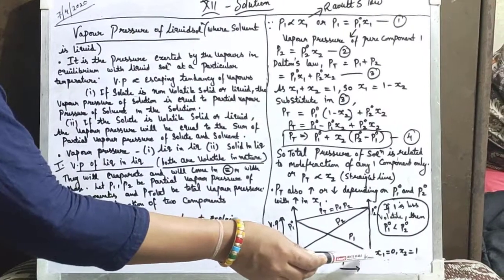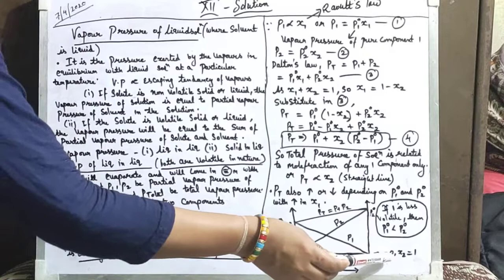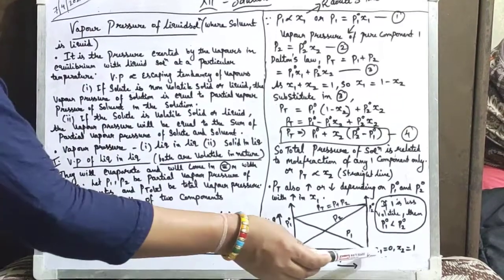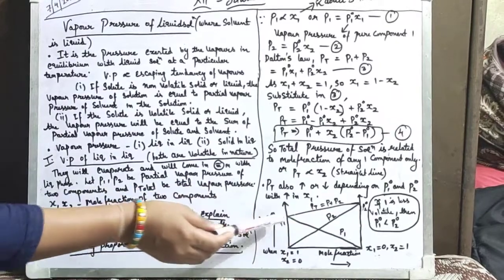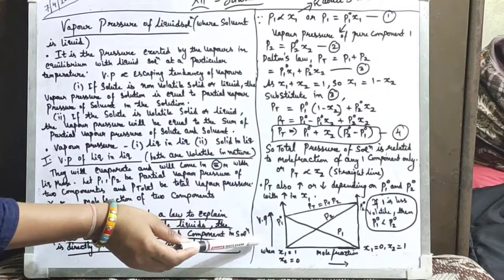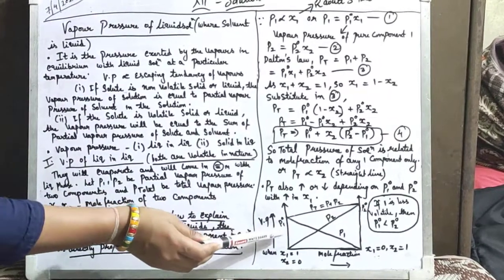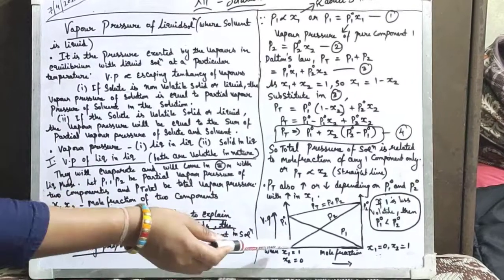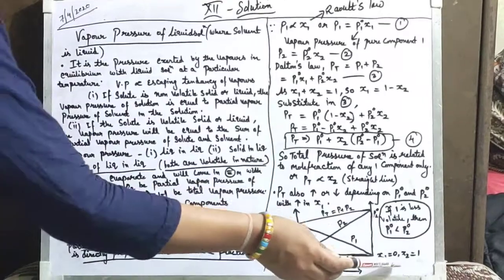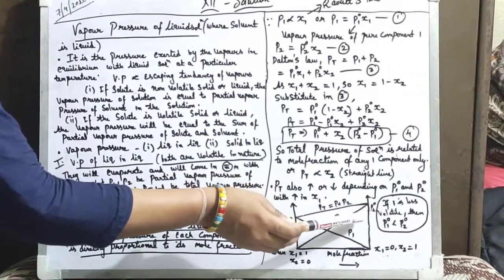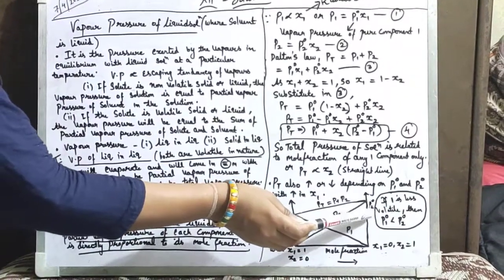So if you take x1 as 0 and x1 as 1, it shows a straight line graph from the right-hand side, and that value will be P1 naught, right? Next I have taken x2 as 0, and it will sharply increase till x2 equal to 1, so on the right-hand side the maximum goes to P2 naught.